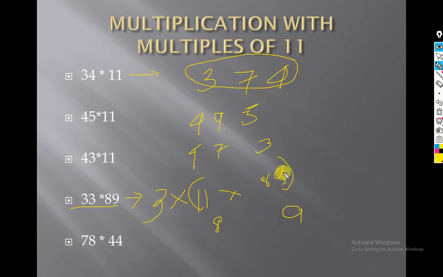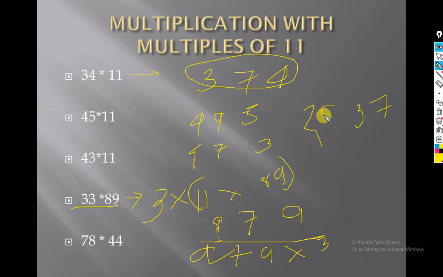You add them, 8 and 9 gives you 17. 1 is carry, you add 8 and 1, you get 9, and you get 979. Into 3, you get 2937.